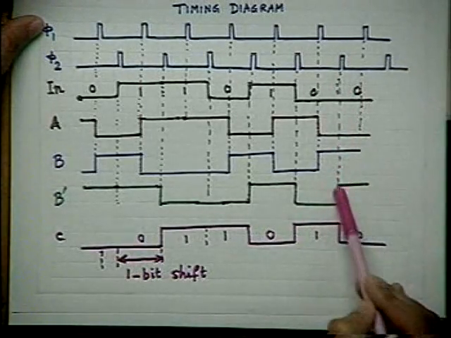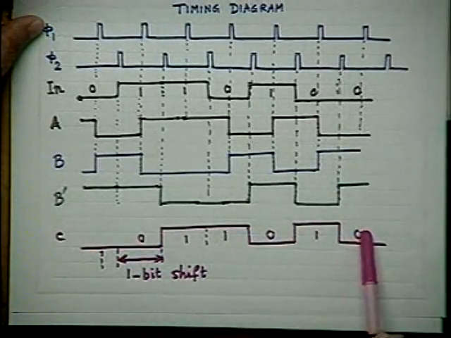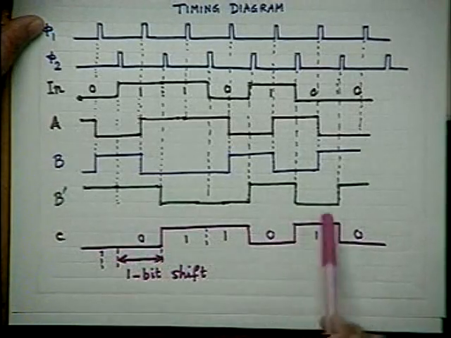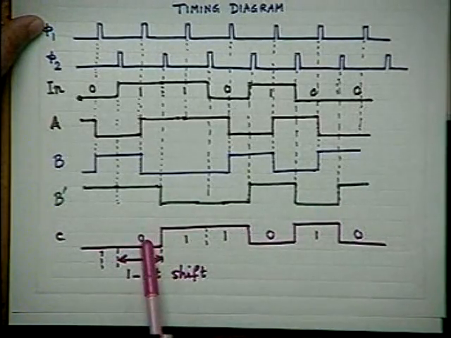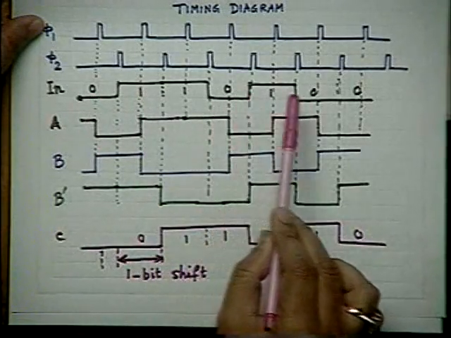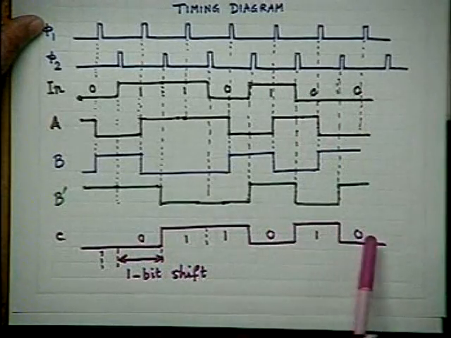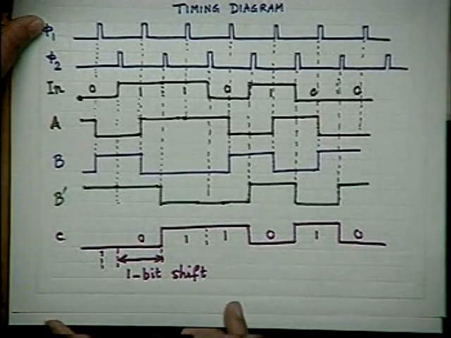It is 1, so it goes to 1. Straightforward, there is nothing special in it. And C will be just the inversion of that. And you see that I have got back the sequence 0, 1, 1, 0, 1, 0, 0 type of thing. Only thing, there is a shift by 1 bit.